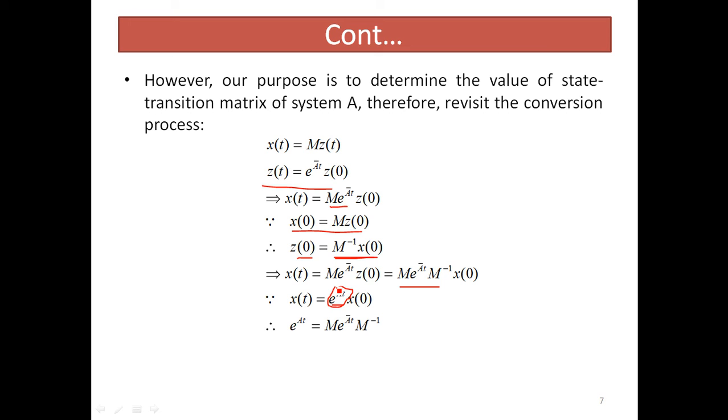If you compare it to the original equation, x(t) is equal to e raised to At into x(0). So e raised to At, that is the state transition matrix, is equal to M e^(A-bar t) into M inverse.